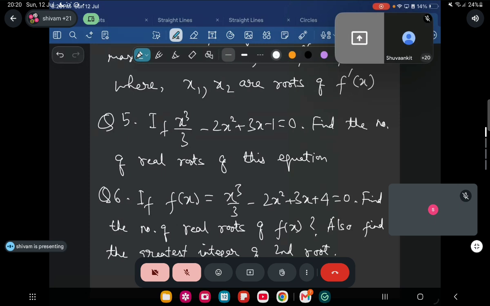So, is it also to find the greatest integer of the second root? Hmm? Question number 6, is it also to find the greatest integer of the second root? Yes. The second means the bigger root, bigger than the first one. Okay, let me see. Some people have sent the answer.